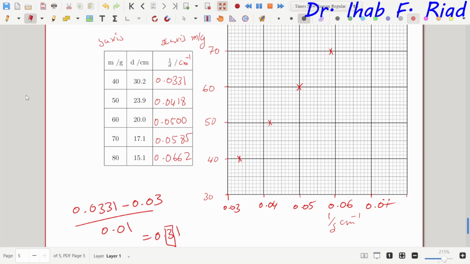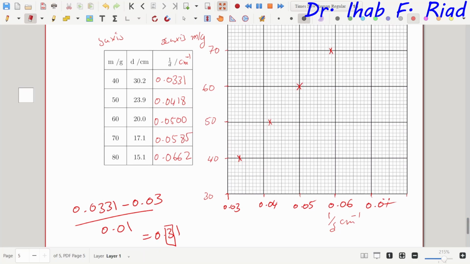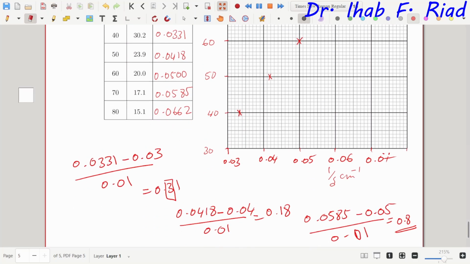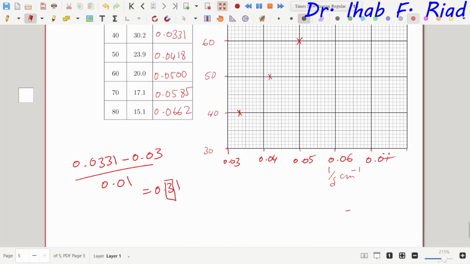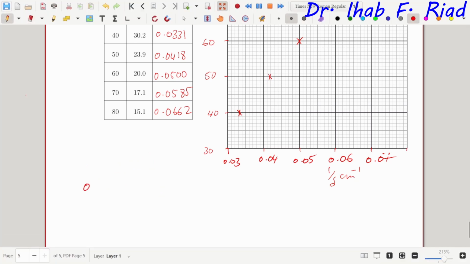What about the last data point? It is 0.0662. What is the closest scale mark?